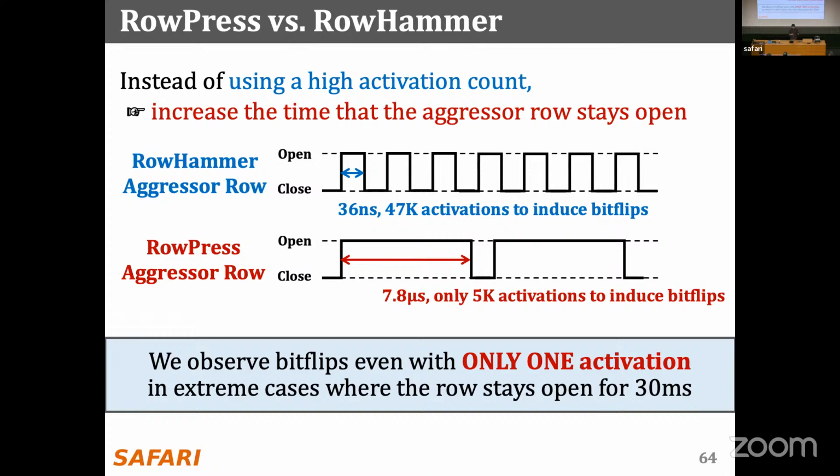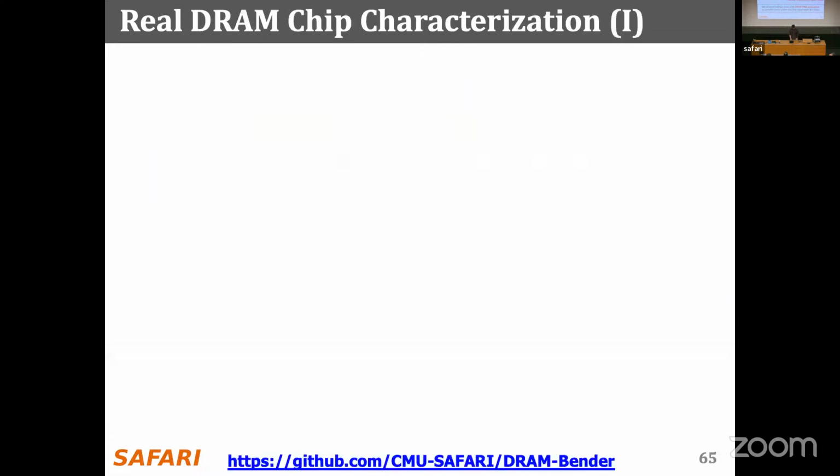So we are only using half of that. With this, if you activate the row only once, you can even induce bitflips. So this already shows that this phenomenon is not RowHammer. We don't rely on a high number of activations. It's the amount of time that the row is open that matters.